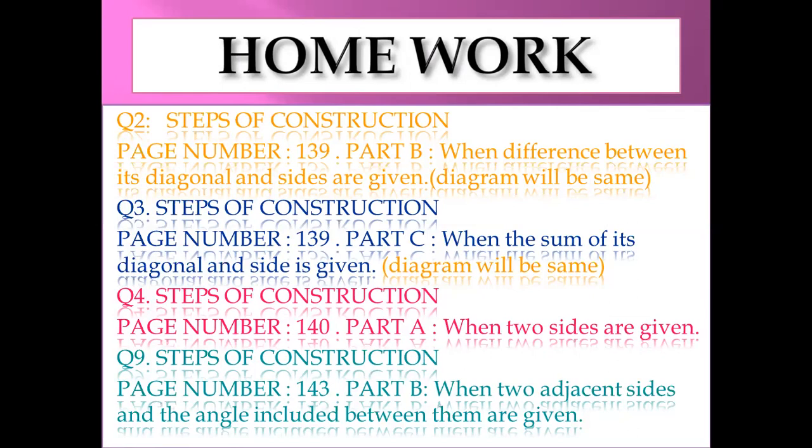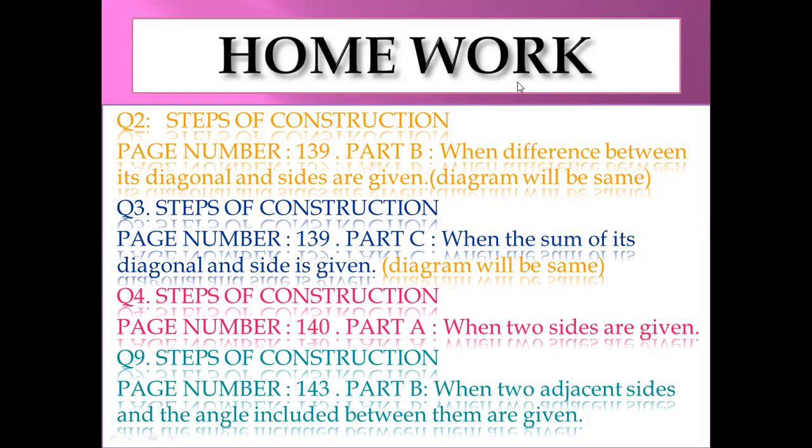The steps of construction and also the diagram of question 4 will be on page 140, part A, under the statement when two sides are given. This is the rectangle. It's very simple. You can draw it easily. Come to question 9. Construct the parallelogram. These two sides are given and the angle is given 60 degree.